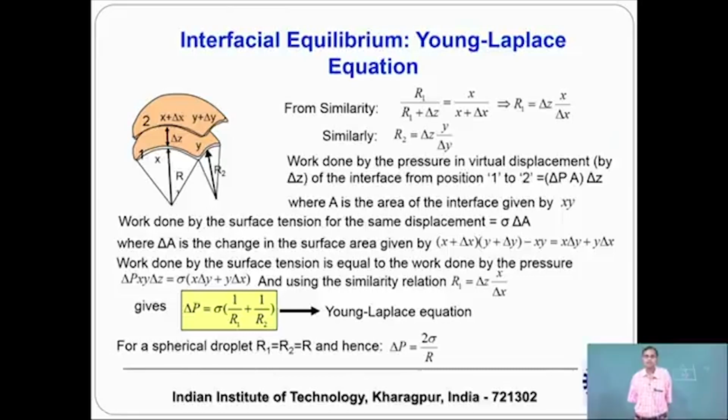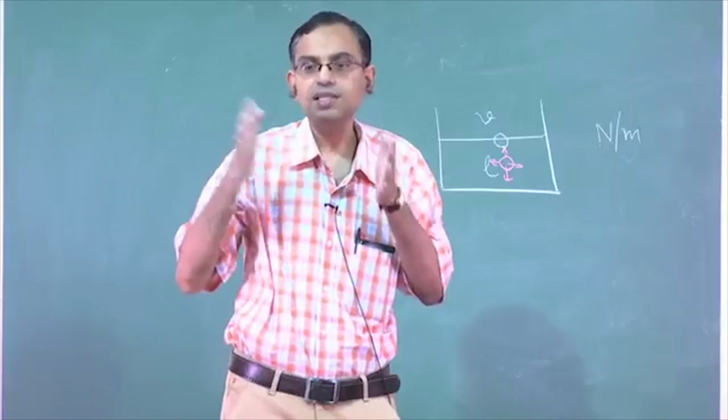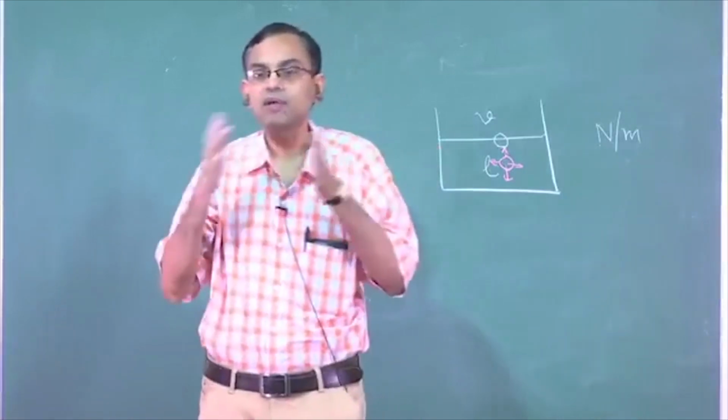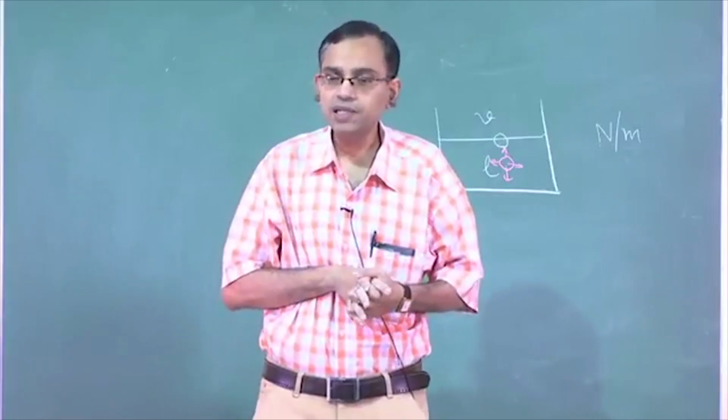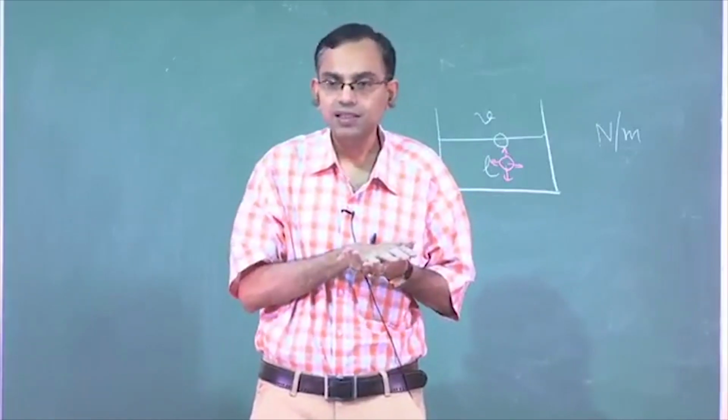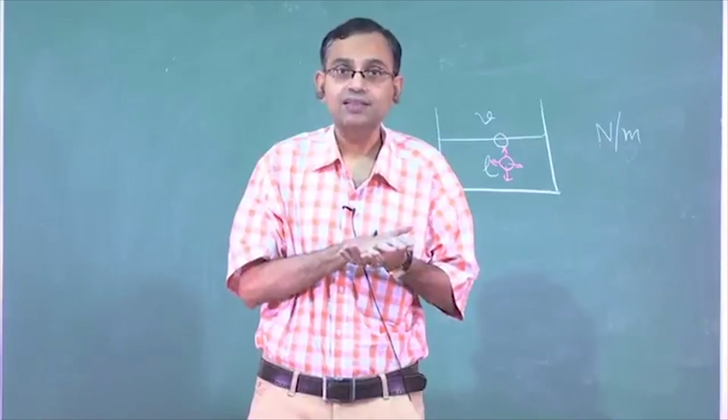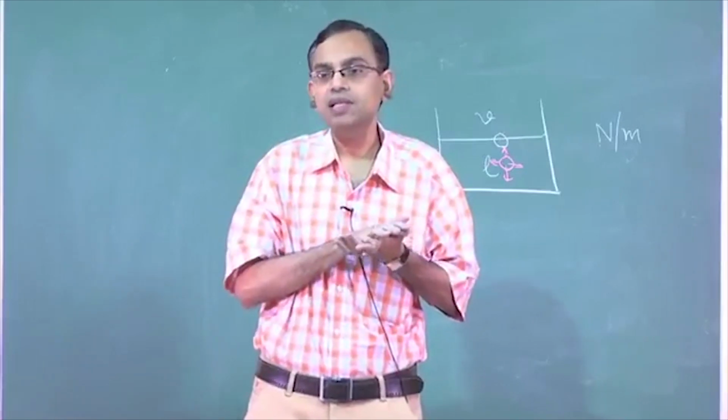This equation essentially relates the pressure difference across the two sides of an interface with the surface tension and the radius of curvature. So, the question is, what will be the pressure difference if the interface is flat? If the interface is flat, then the radius of curvature is what?